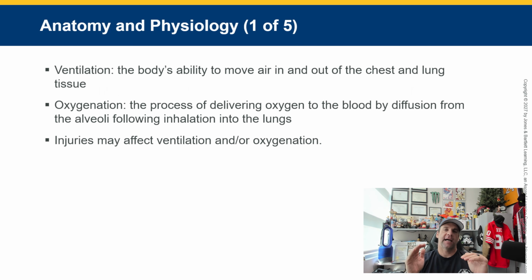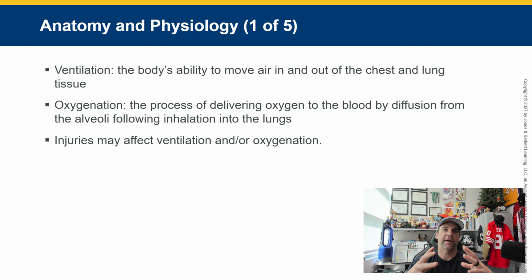Before we dive into those specific chest injuries, we need to separate two related concepts, right? Ventilation and oxygenation. Ventilation is the physical movement of air into and out of the chest and the lung tissues, whereas oxygenation is the movement of oxygen from the alveoli into the blood after air has reached the lungs. A patient can have trouble with one, or with both.